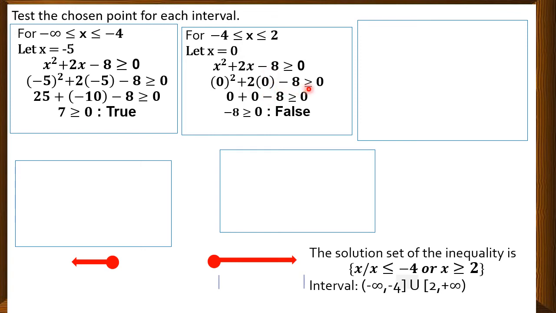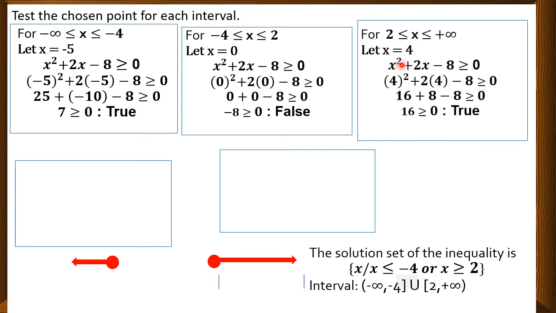Minus 8 is greater than or equal to 0. 0 plus 0 minus 8 is greater than or equal to 0. So of course, 0 minus 8, that is equal to -8, and it is greater than or equal to 0, which is a false inequality.